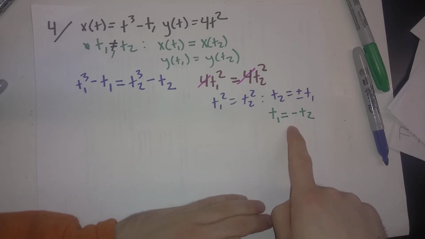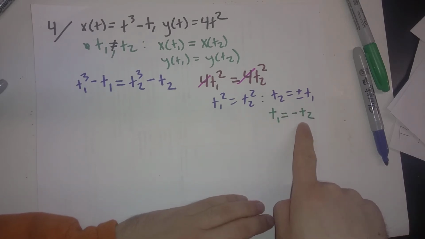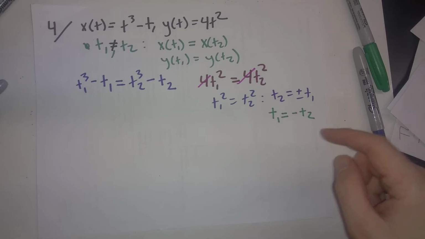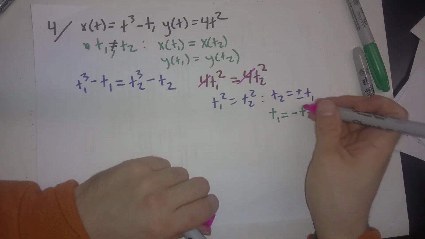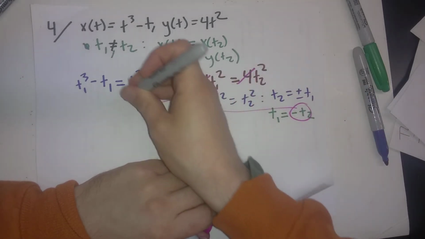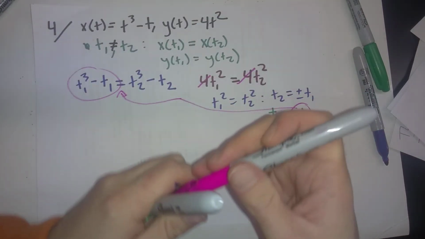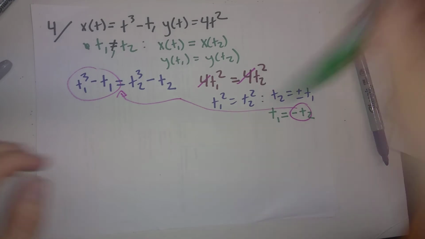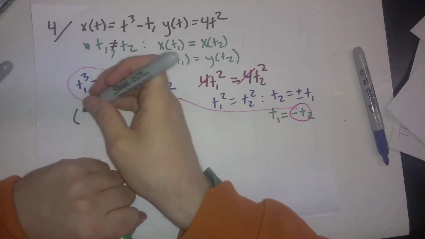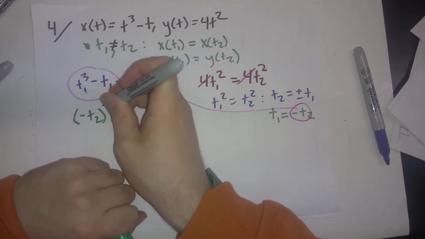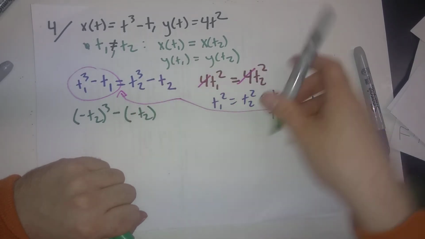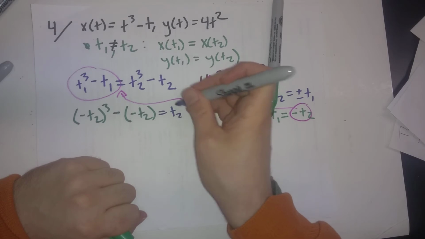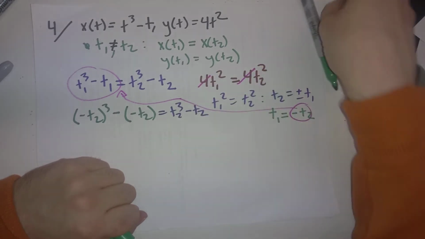Okay, so what are we going to do now? Let's take t1 is minus t2. So I'm going to substitute that in over here. So what do I end up with? Minus t2 cubed minus, minus t2. That still is equal to t2 cubed minus t2.